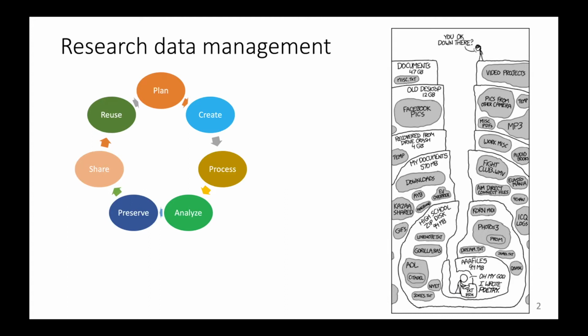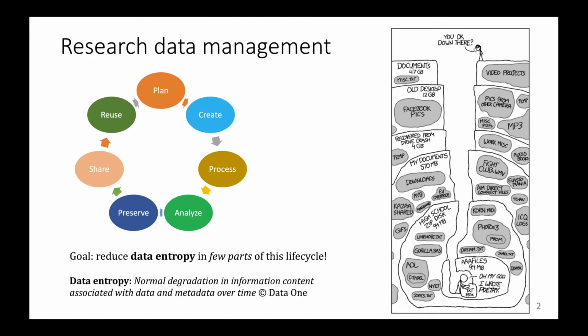I do try to reduce data entropy, as they call it, in a few parts of the life cycle, specifically analyze, preserve, share, and reuse. They sound too broad, but I'm going to focus on a small subset of problems that I work on. But I think the ideas are generally useful for other domains also.